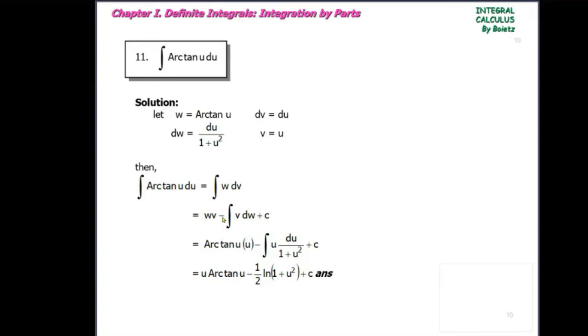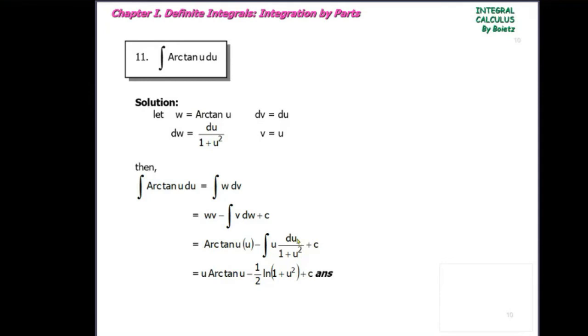Okay, so ayun. Then, what is w? Arctan u. Then, what is v? U. Then what is dw? Du over 1 plus u squared. Kaya here, this will become u arctan u. Tapos ito, logarithm. Kasi your u is equal to 1 plus u squared. Your du is 2u du.